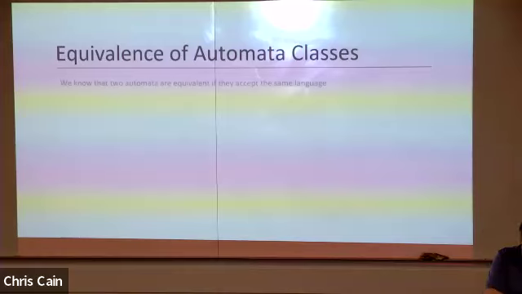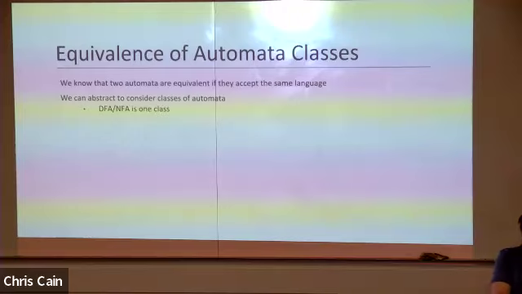Let's move to this definition: two automata are equivalent if they accept the same language. We can abstract to considering classes of automata. So we talked about regular languages. We talked about context-free languages, but there were two different forms of context-free languages.